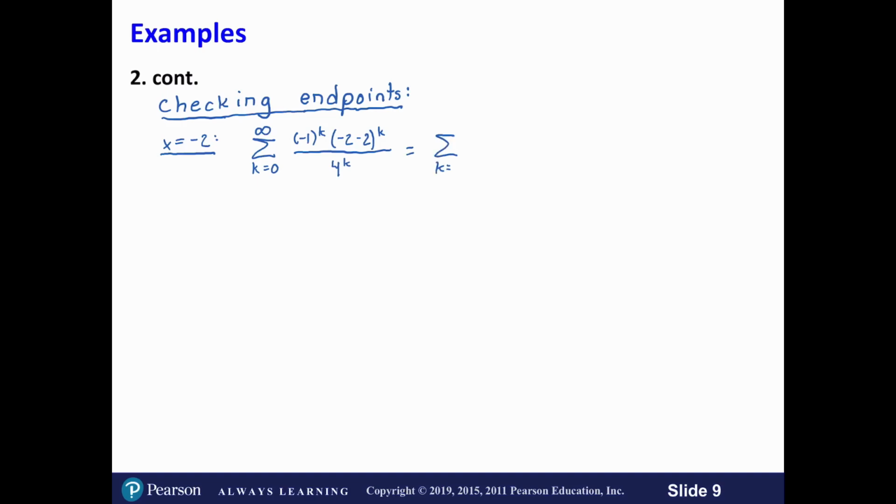This is the sum from k equals 0 to infinity of negative 1 times negative 4 all over 4, so this is just 4 over 4, to the k. And of course, this is just the sum from k equals 0 to infinity of 1 to the k. But 1 to the k is just 1.